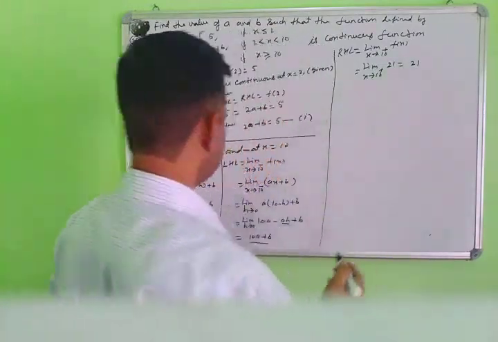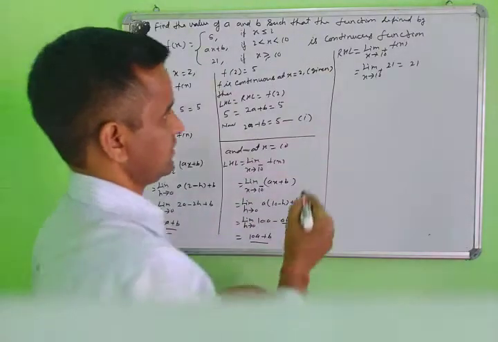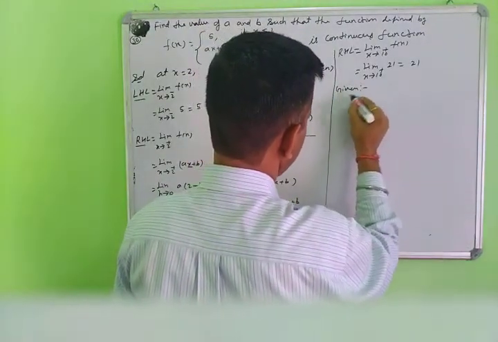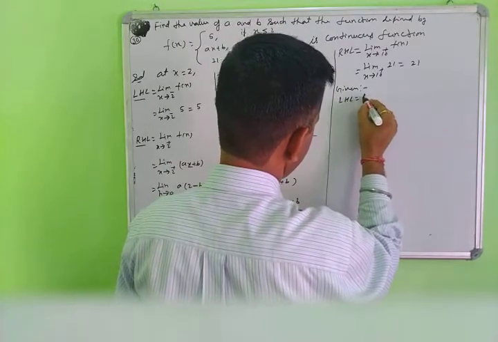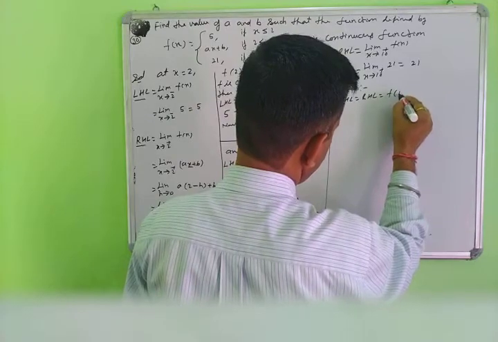This function is also continuous, because it is given. So the given condition is LHL equals RHL equals f(10).